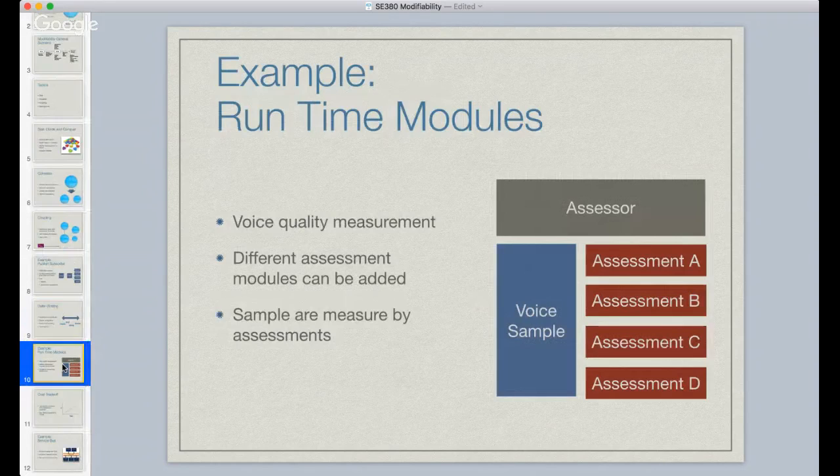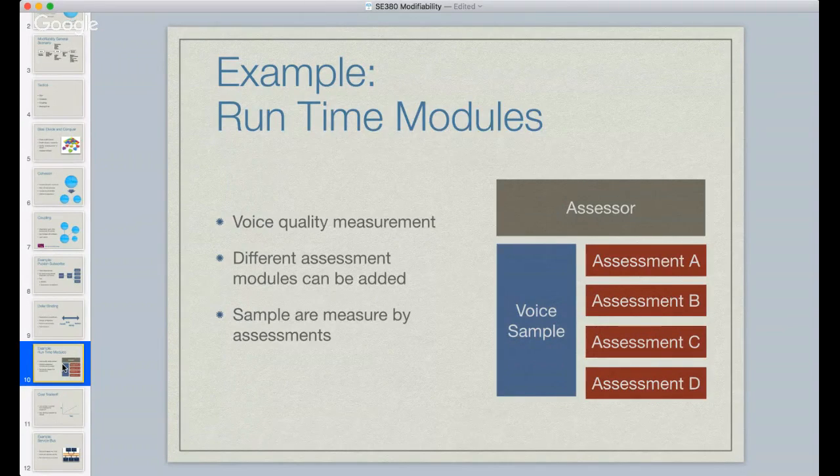Another example is actually one of the senior design projects that I have in my senior design samples, and it can have a number of different types of assessments that can be added in at runtime, actually, even. And so I could have an assessment module that determines the number of uhs and ohs and ms that are in a voice sample.